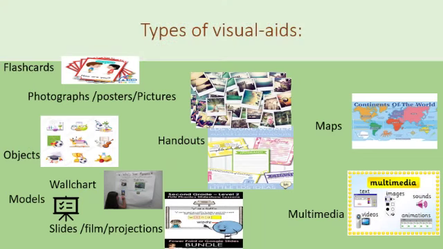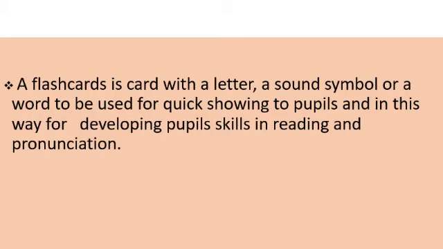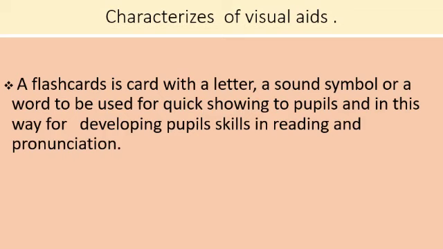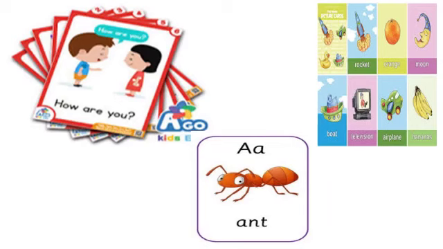Types of visual aids. There are flashcards, photographs, posters, pictures, handouts, maps, objects, flowcharts, models, slides, films, multimedia. A flashcard with a letter, a sound, symbol, or word is used for quickly showing to pupils, and in this way for developing pupils' skills in reading and pronunciation.